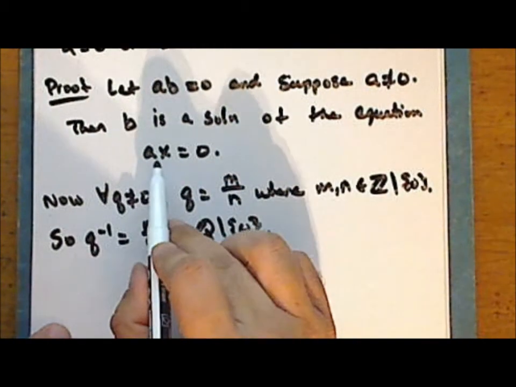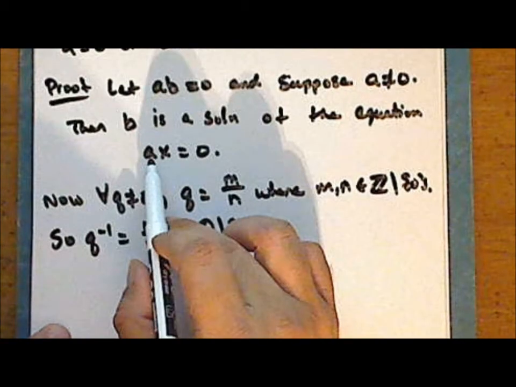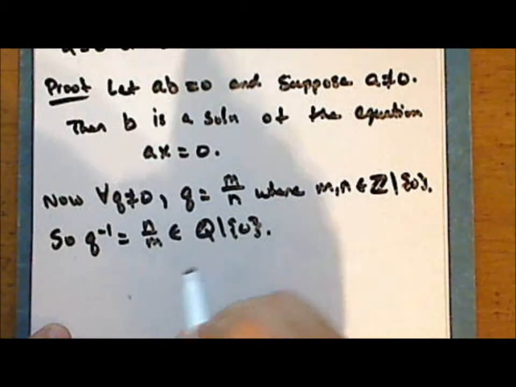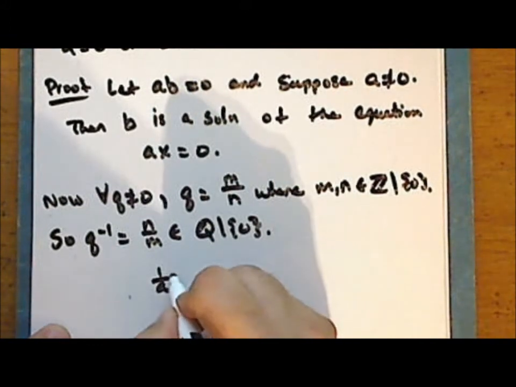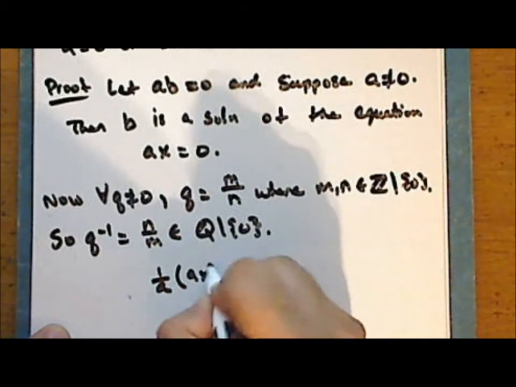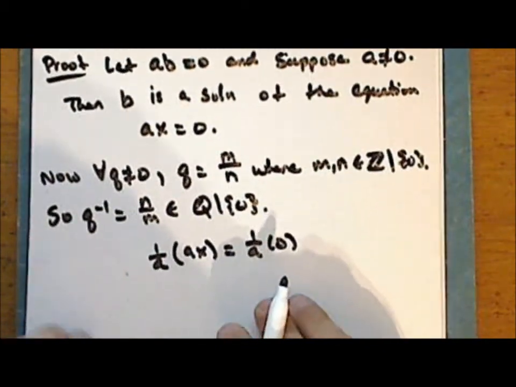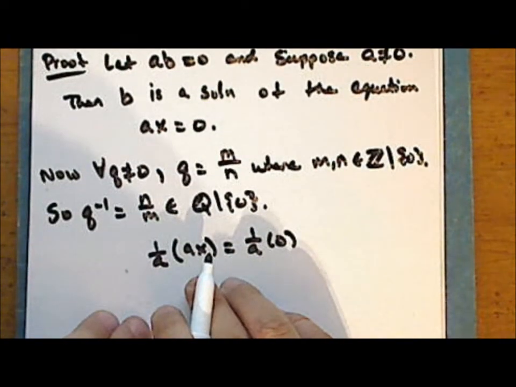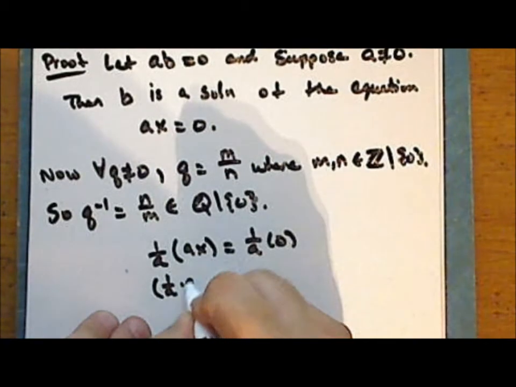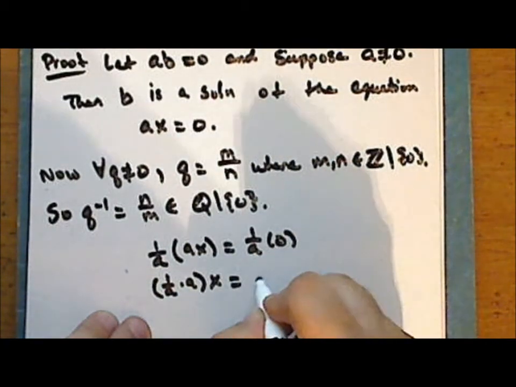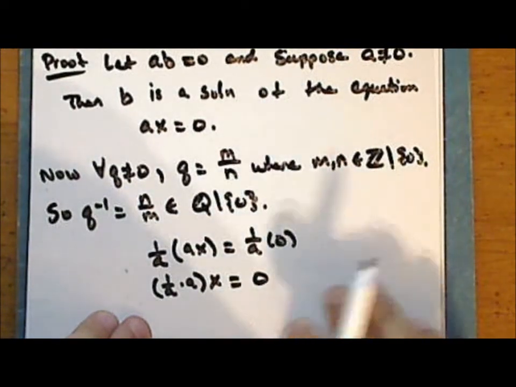And so we can multiply the non-zero rational number a by its multiplicative inverse, which is 1 over a, on both sides. Now, as multiplication is associative for the rationals, we have 1 over a times a times x equals 0, since the product of any rational number with 0 is 0.